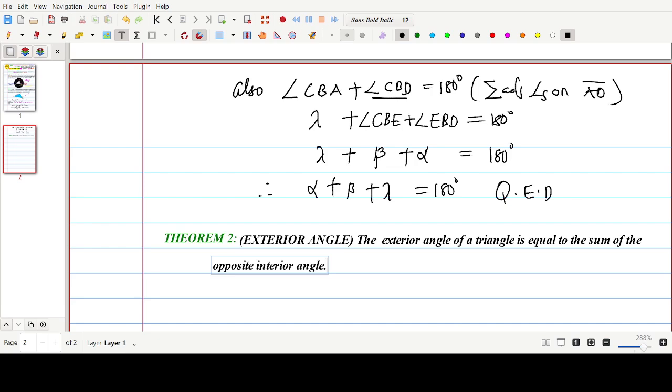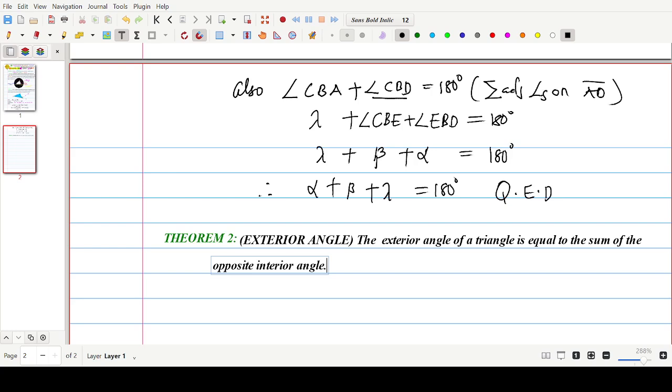So that is the theorem. So let's do a proof of this theorem we've stated.